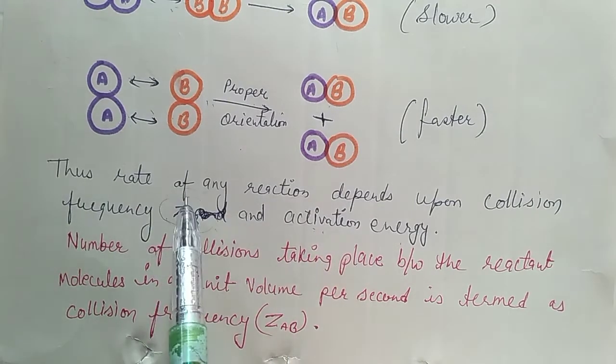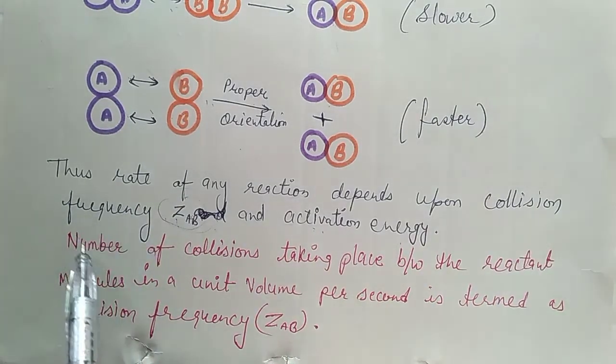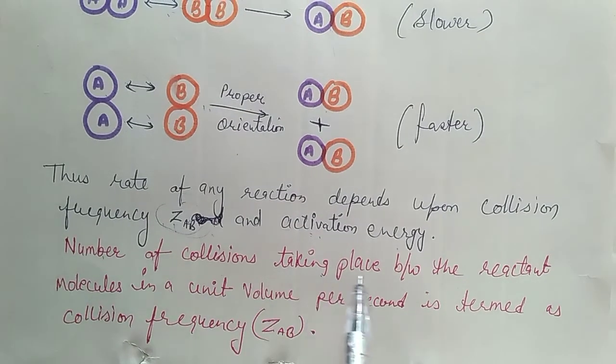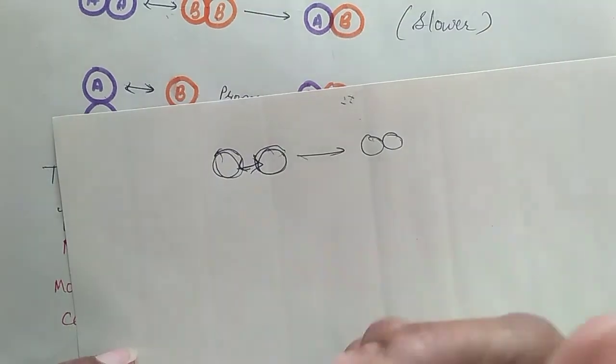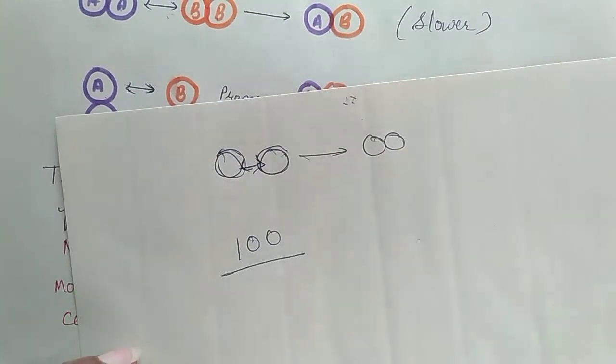What is ZAB? What is collision frequency? The number of collisions taking place between the reactant molecules in a unit volume per second is termed the collision frequency. Suppose there are 100 collisions taking place.